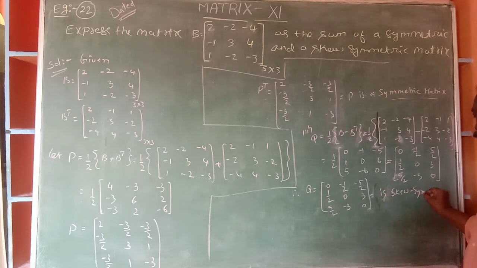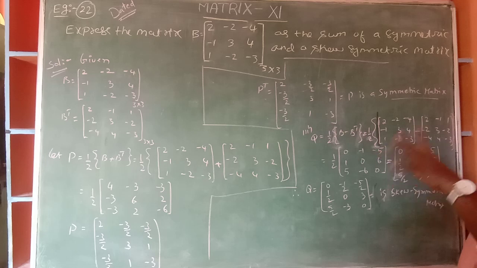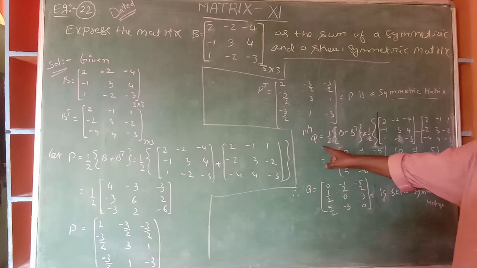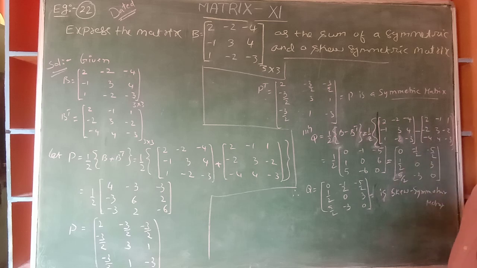Symmetric matrix. Okay? So we find P, that is 1 by 2 of B plus B transpose, and Q, 1 by 2 of B minus B transpose. So these are P and Q.